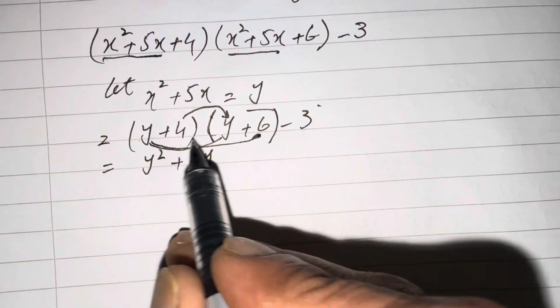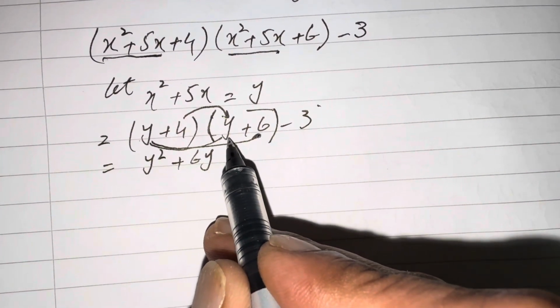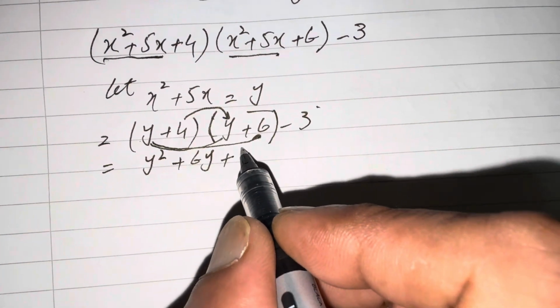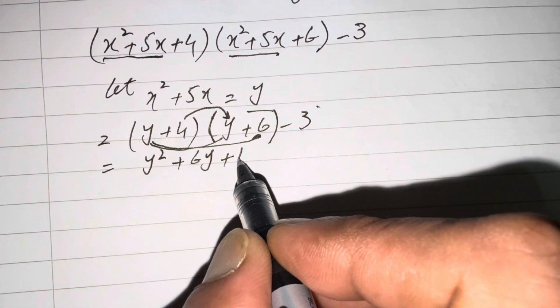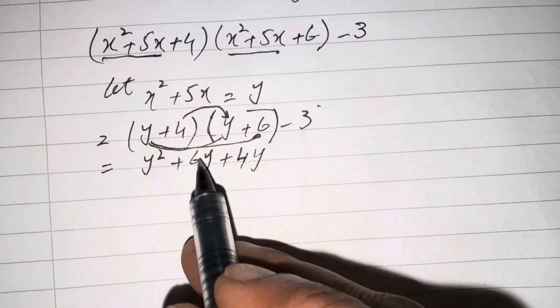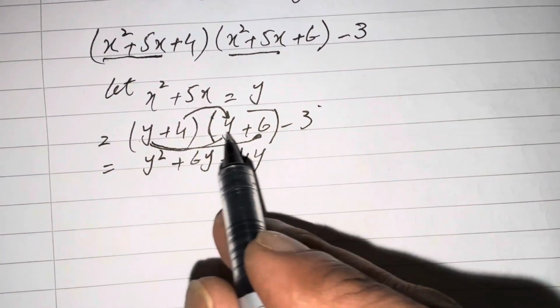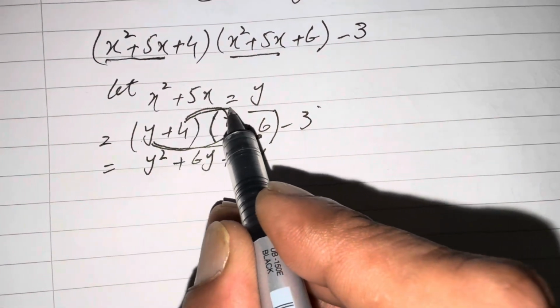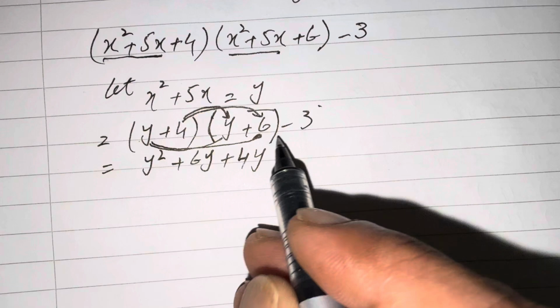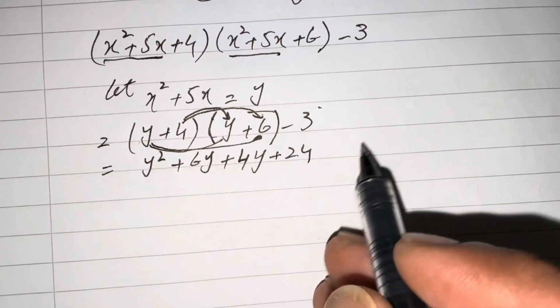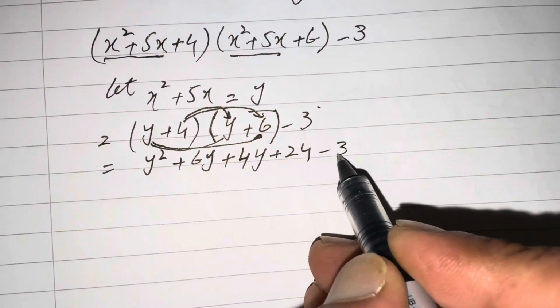So plus 4 multiplied by plus y will be equal to 4y. And then 4 will multiply with this 6. So 4 sixes are 24. So plus 24 and then minus 3.